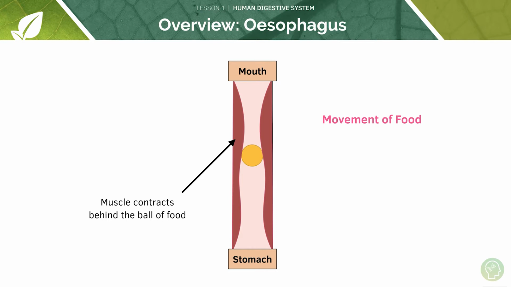What happens is the esophagus undergoes sequential contractions because it has a muscular wall. And this is going to move your bolus of food, or ball of food. Bolus is just another word for a ball of something. These muscle contractions are going to occur sequentially down this pipe, and that's going to cause an overall movement of the food particle down.